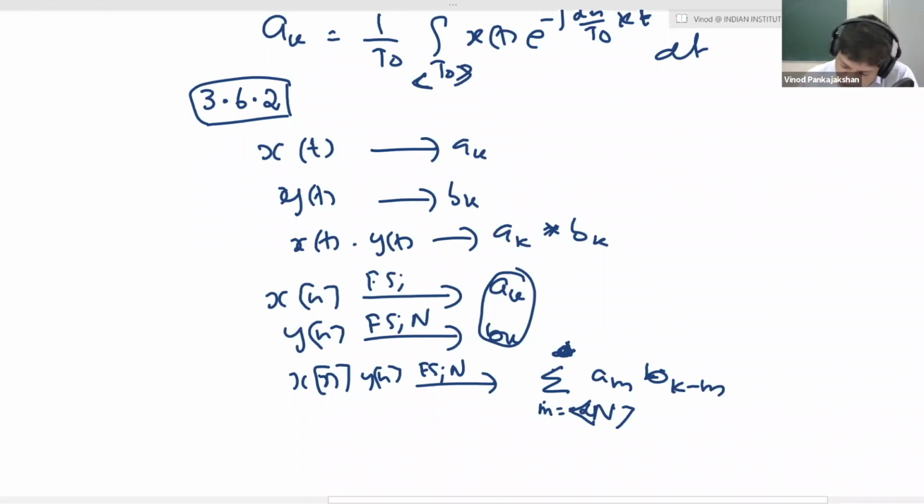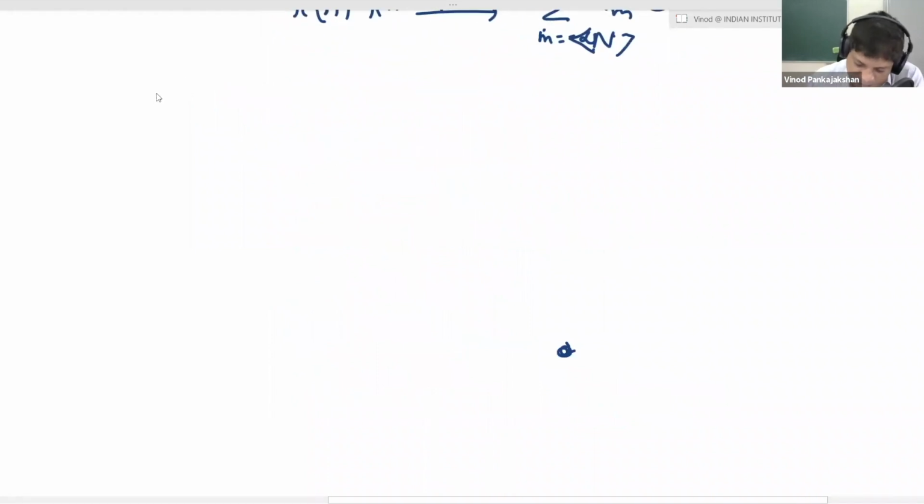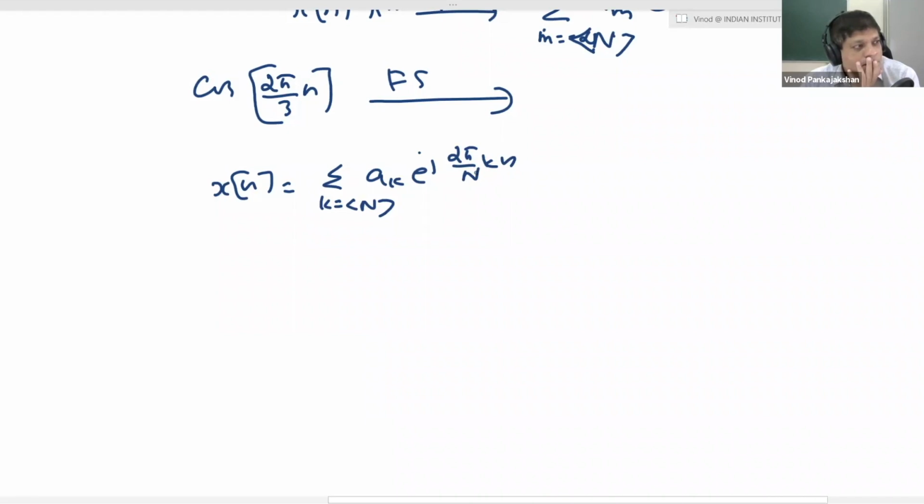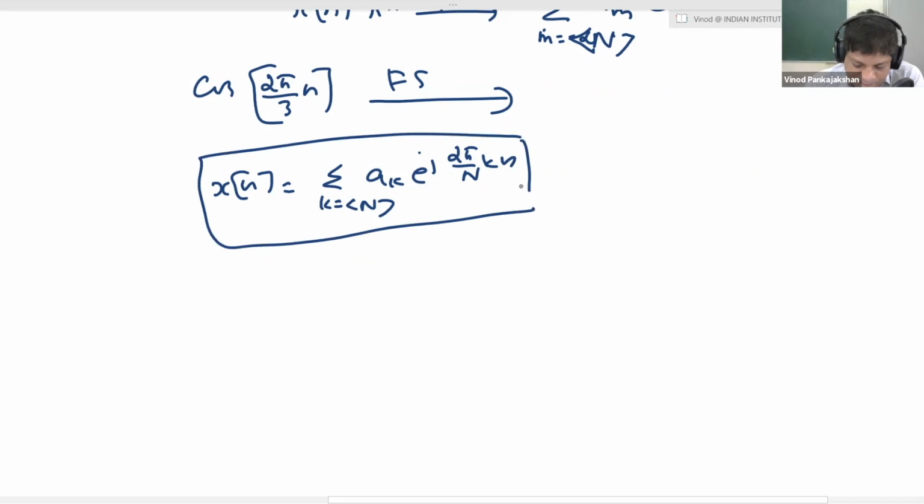Before discussing an example of that convolution, can you tell me what are the Fourier series coefficients of this signal, cos 2 pi by 3 n? This is the discrete time Fourier series representation.